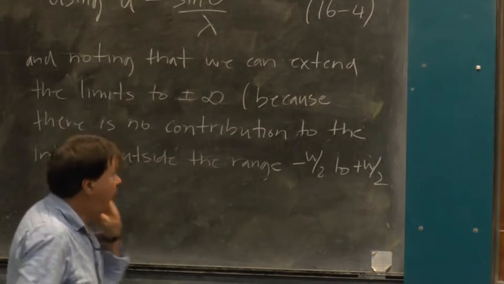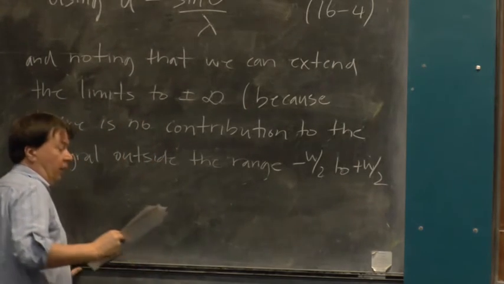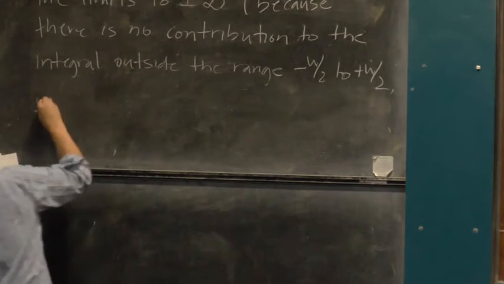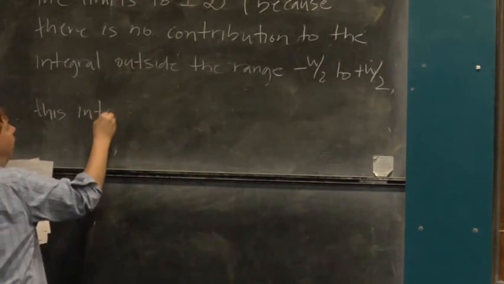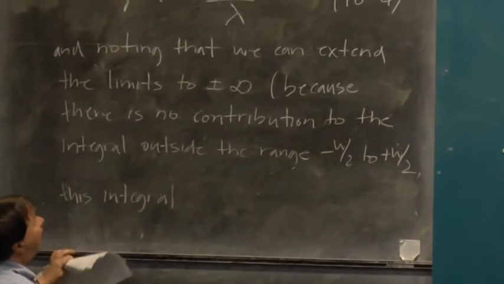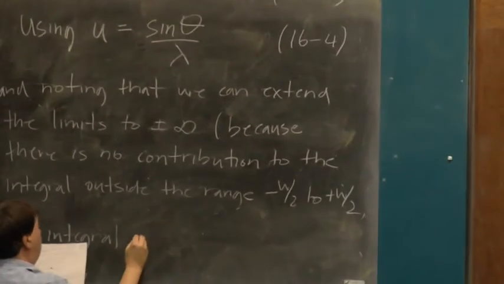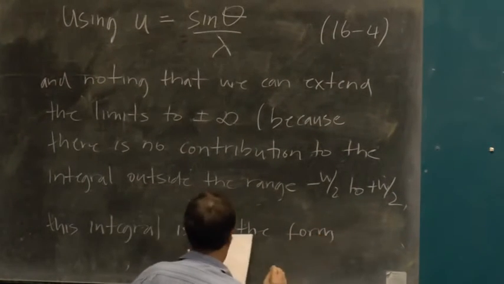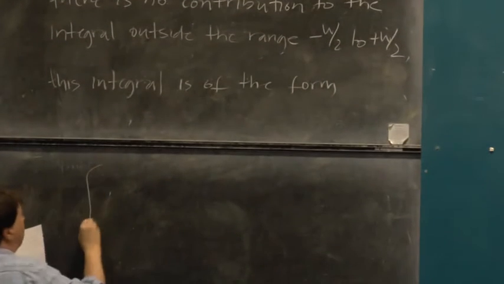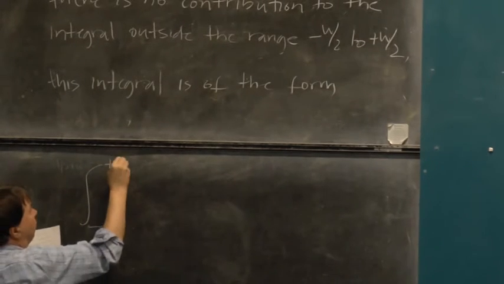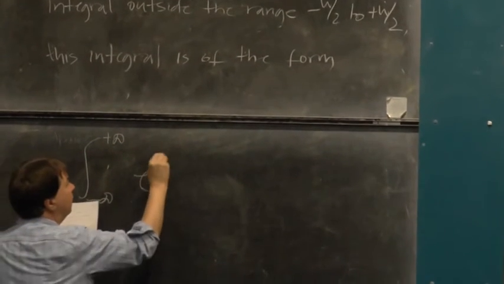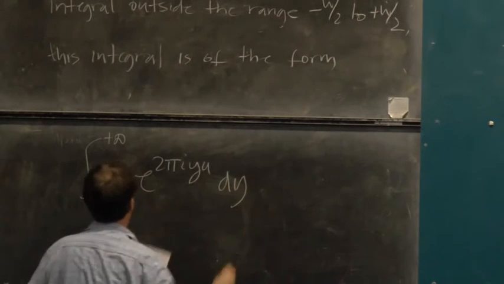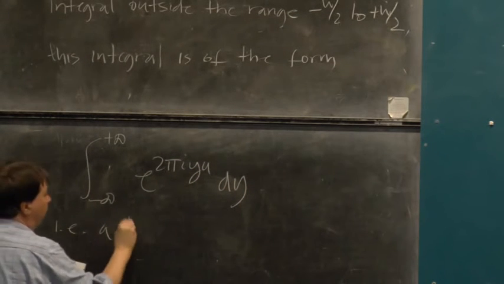So if I extend the integration limits to infinity, this integral, referring of course to the integral above, equation 16.3, is of the form integral from minus infinity to plus infinity of e to the 2 pi i y u dy, i.e. a Fourier transform.